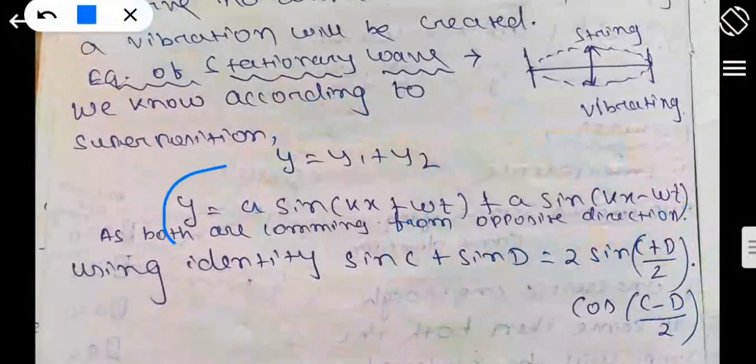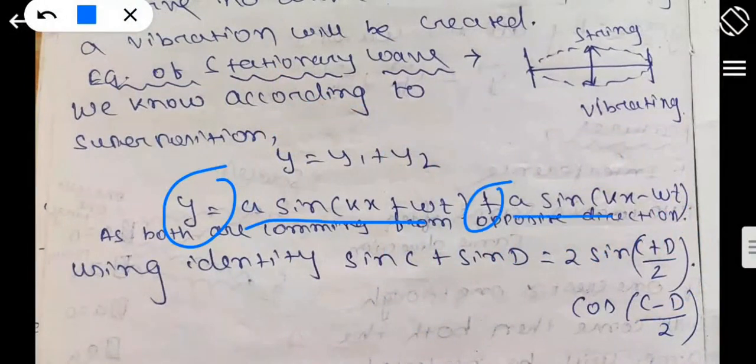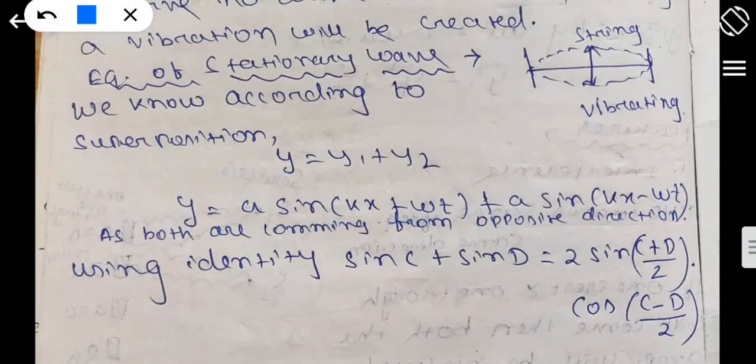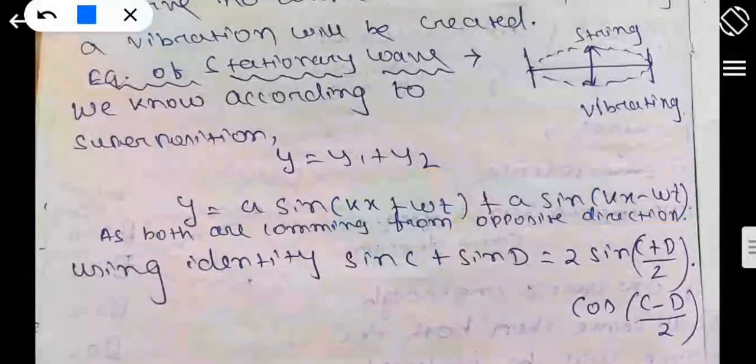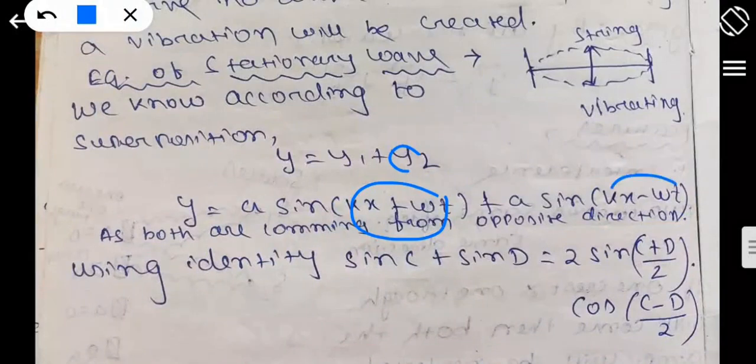Next, we are going to add them: a sin(kx plus omega t) plus a sin(kx minus omega t). How will I solve it? This is sin A plus sin B. Simply, I will take kx plus omega t as c and kx minus omega t as d.